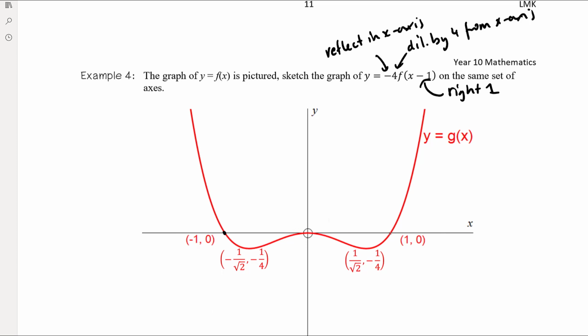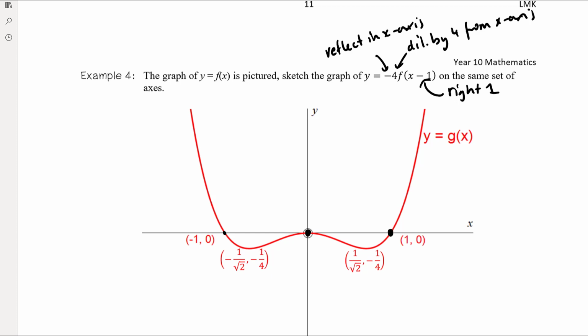Okay, so -1, 0. Reflecting in the x-axis doesn't do anything. Dilating from the x-axis doesn't do anything. We're going to move it to the right by 1, so it's going to come across here. Then the point at the origin: reflecting it won't do anything, dilating it won't do anything. Move it to the right by 1, it's going to come across to here.